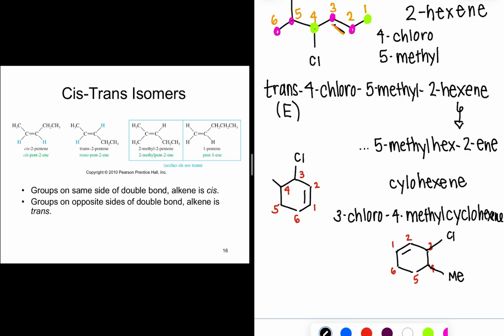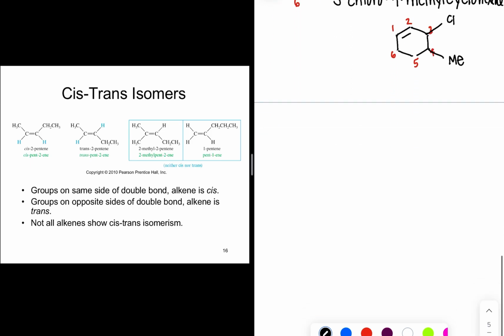Here's some more examples as cis-trans isomers. So the type of isomers that are cis and trans on opposite sides of the double bond, we had our constitutional isomers.